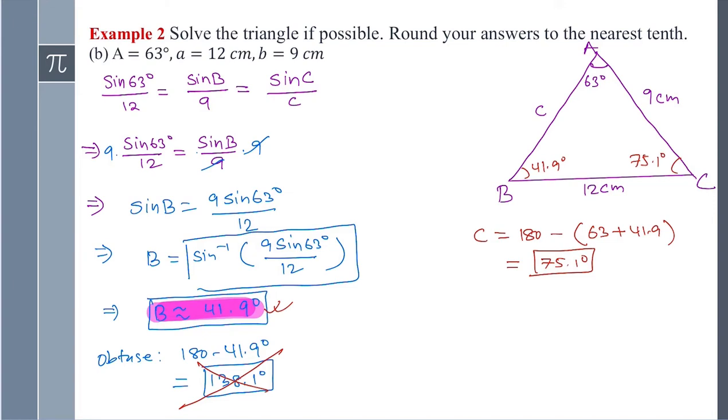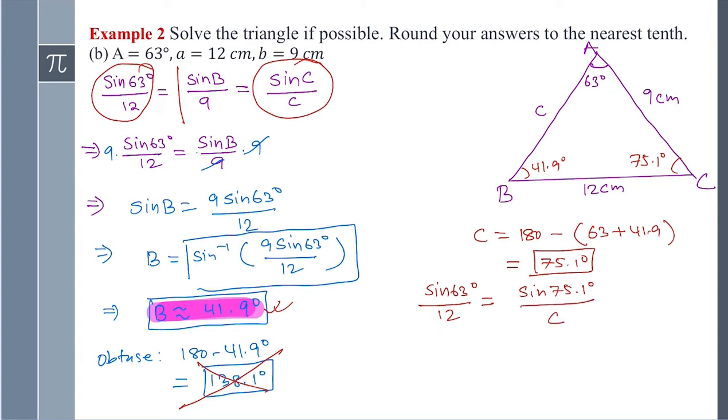Now, in order to find side C, we have to use the law of sines. So we can use the first one and the last one. So sine 63 degrees over 12 equals sine 75.1 degrees over C, since we don't know C. Now do the cross multiplication.